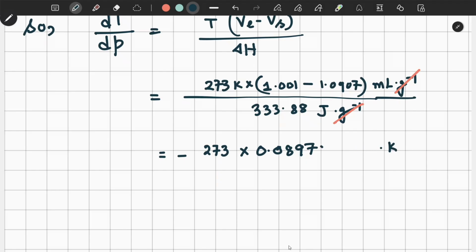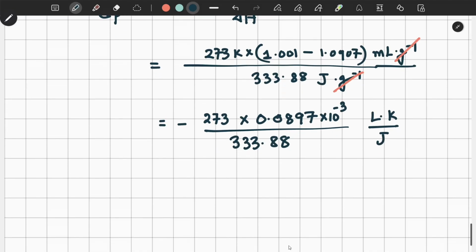So it is into 10 to the power minus 3, then it will be liter, divided by 333.88 joule. Now you have to convert this liter and joule.